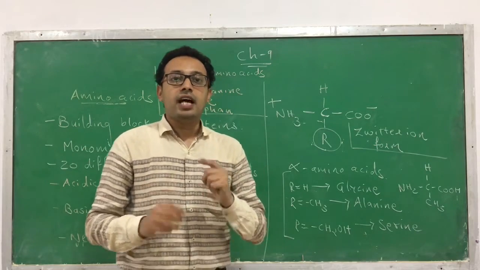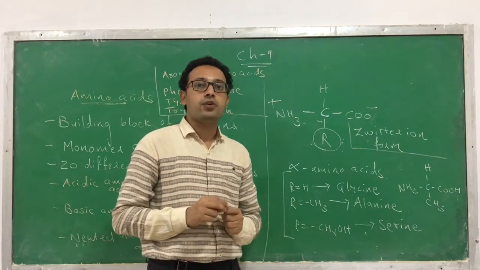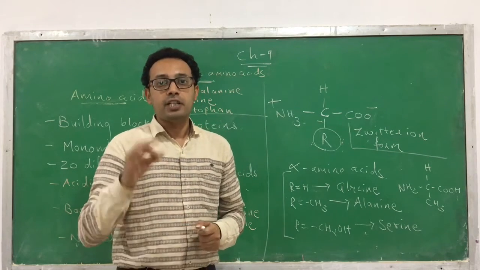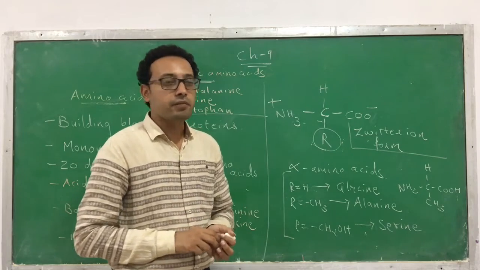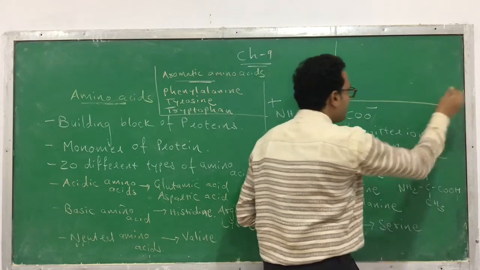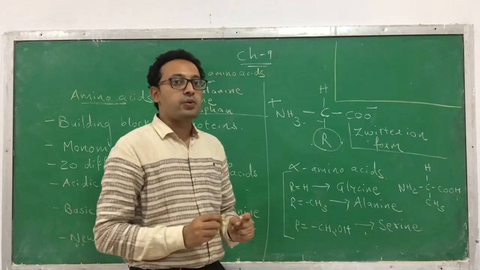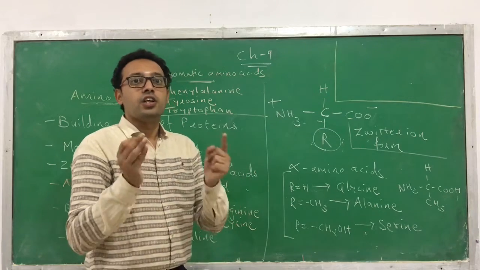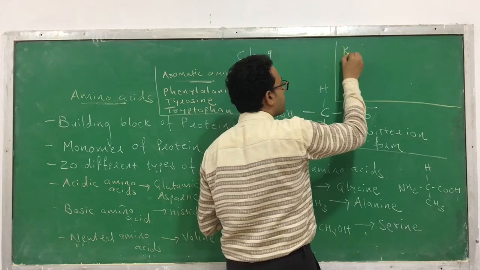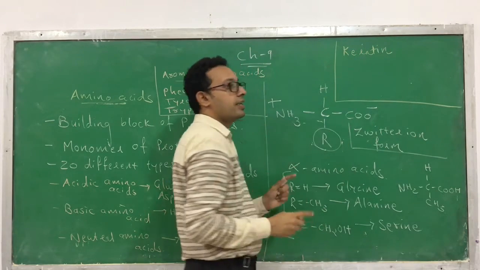But here I will also tell you a few names of proteins which are important for you. It is not given in the official textbook, but you have to remember these names, from an entrance examination point of view. The name of a protein that is not soluble in any solvent is keratin.